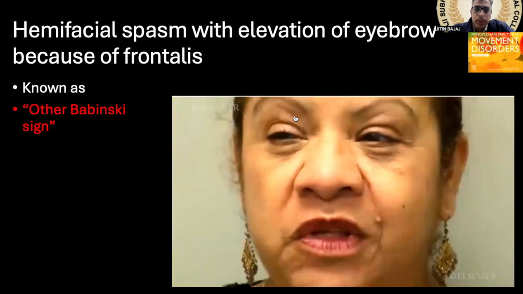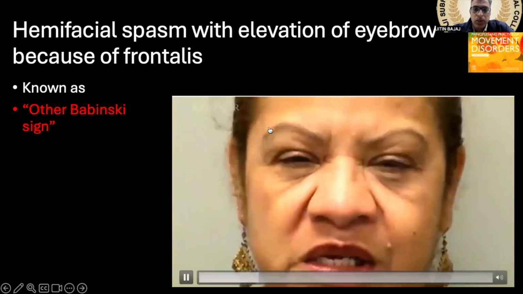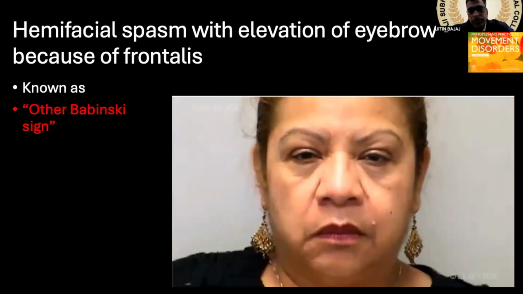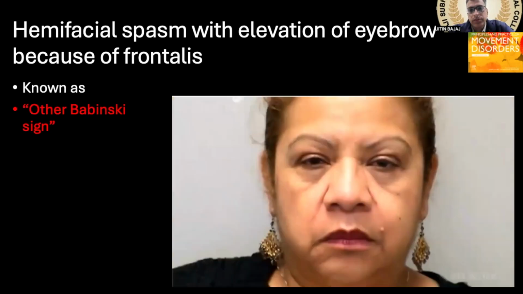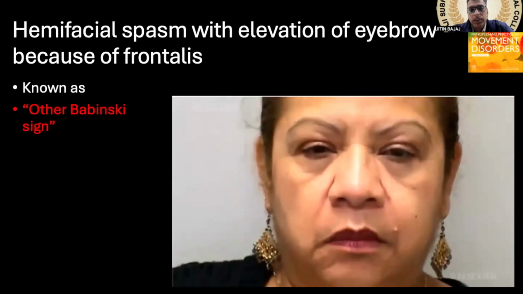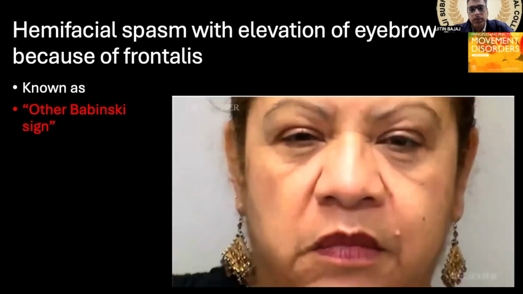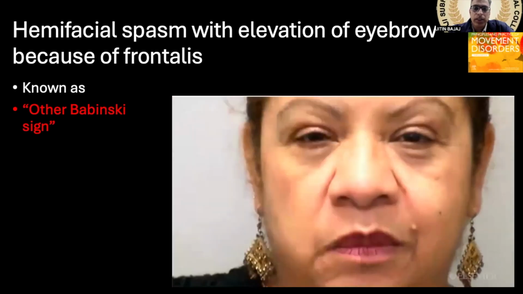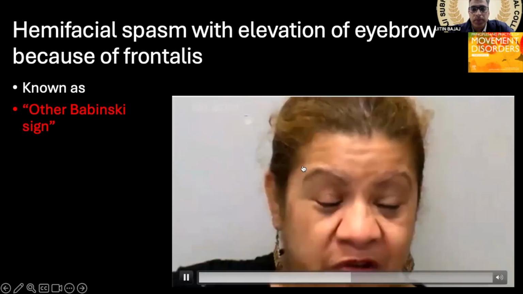In hemifacial spasm, here you can see the right eyebrow is going up compared to the left eyebrow. The patient also signals. Here you can see the right eyebrow is moving up.